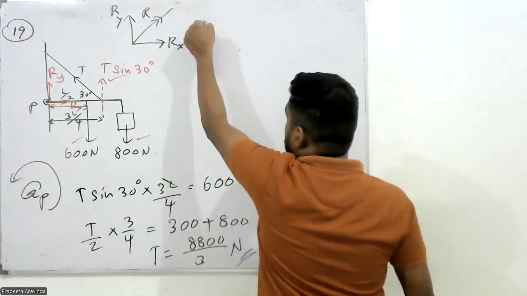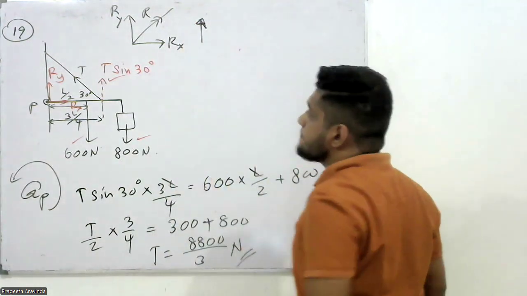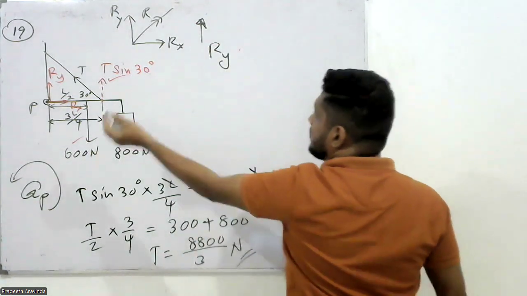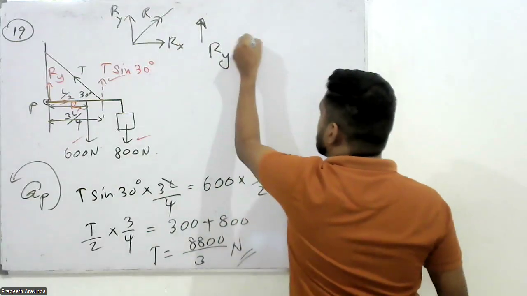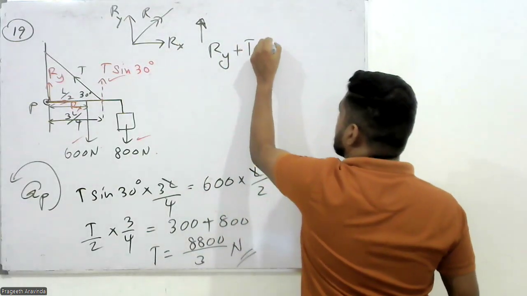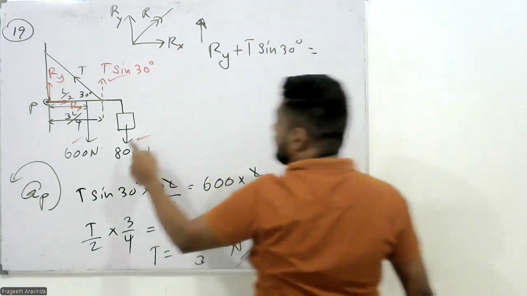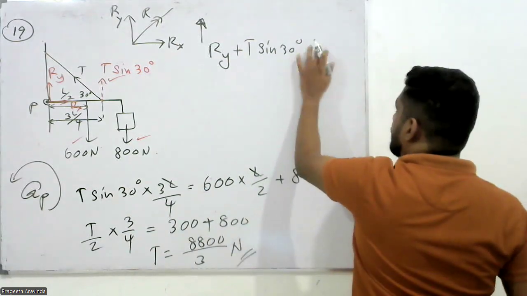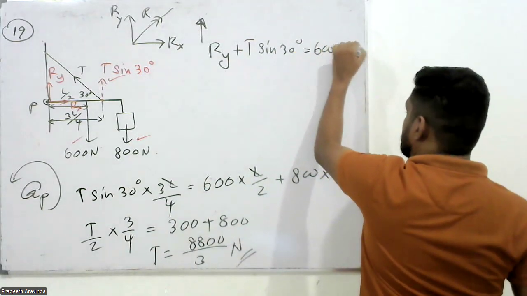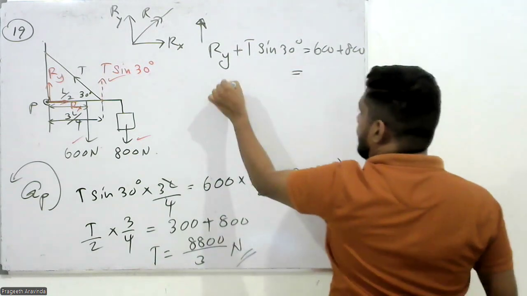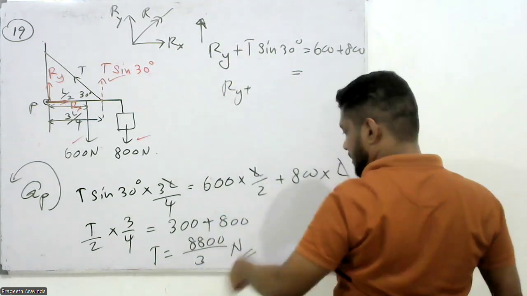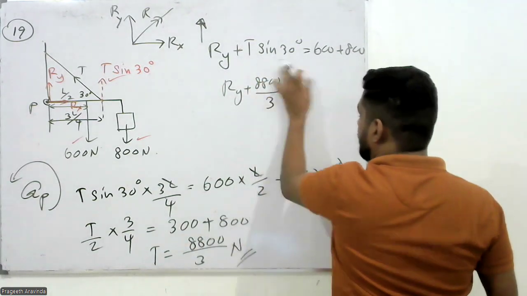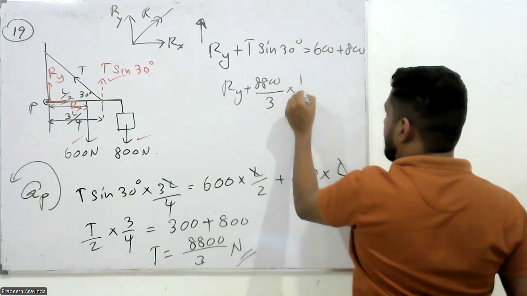For the vertical equilibrium, Ry is upward plus T sin 30, and these two are downward, 600 plus 800. Ry plus T, which is 8800 by 3, times sin 30, which is half again.